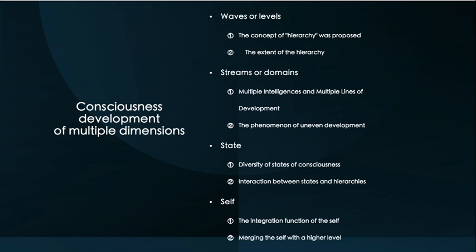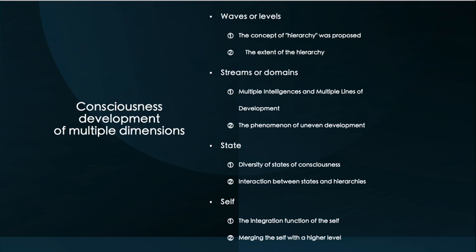For example, cognitive development, emotional development, moral development, social development, aesthetic development, and spiritual development. These streams or lines are similar to Howard Gardner's concept of multiple intelligences, where abilities and tendencies of different dimensions can grow relatively independently.